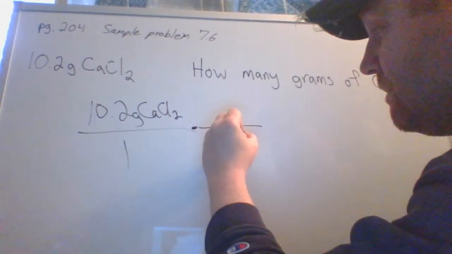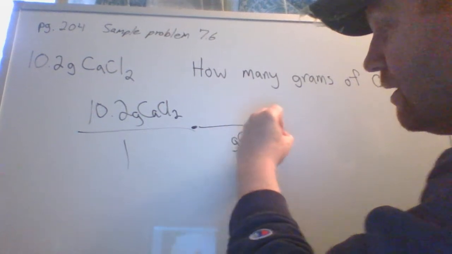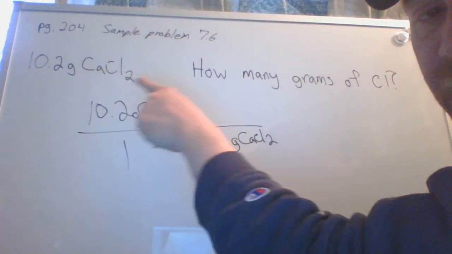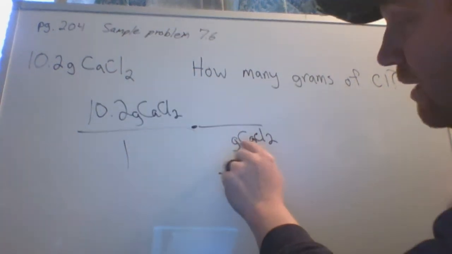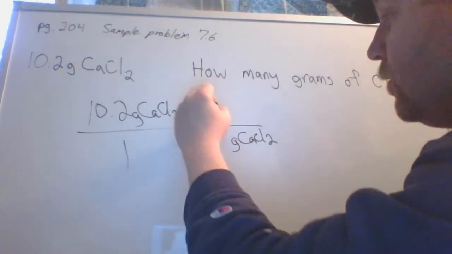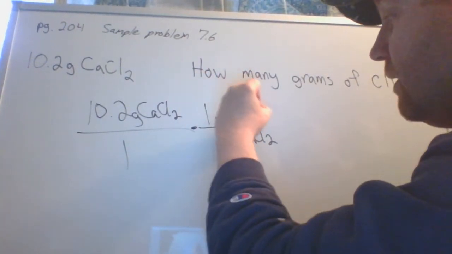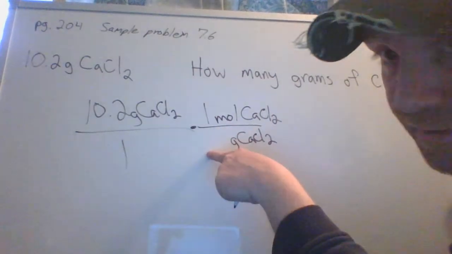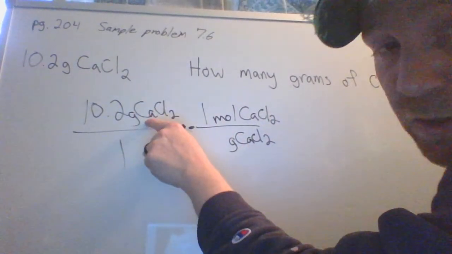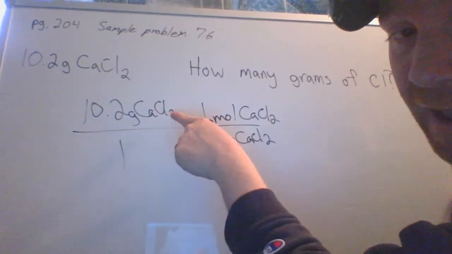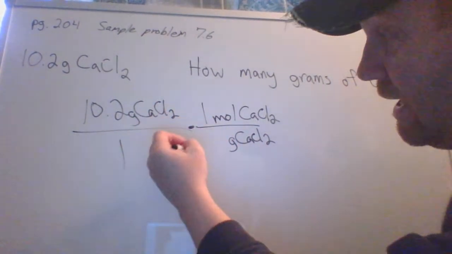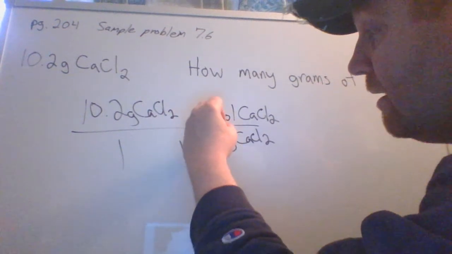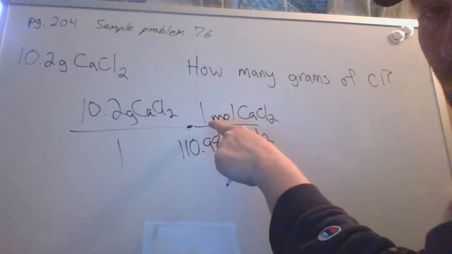Bring down grams of CaCl2. This is why it's so important to label, because we're going to be going from a compound to a single element. Grams of CaCl2, we're going to do 1 mole. Every mole of CaCl2, the molar mass added from the periodic table, if you look at the box, 1 calcium and 2 chlorines, it has a molar mass of 110.98 grams per 1 mole.